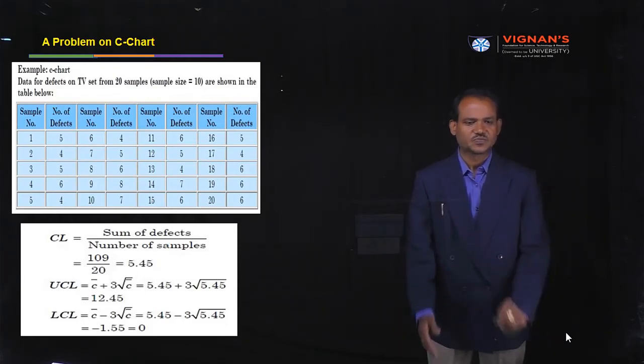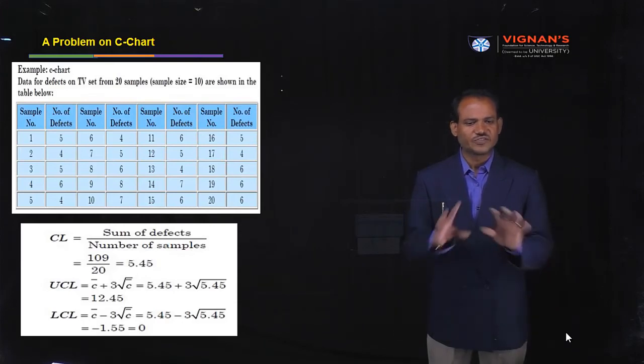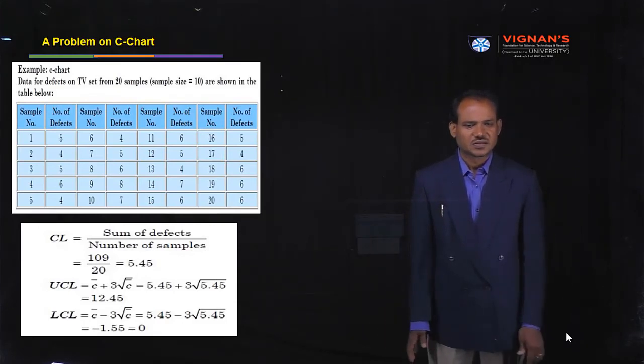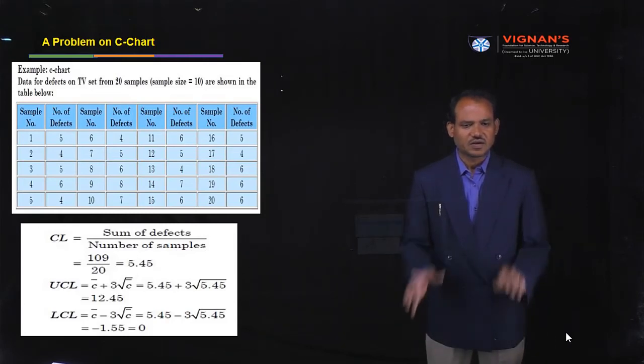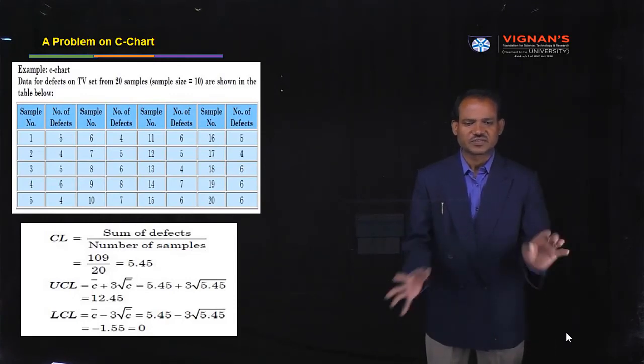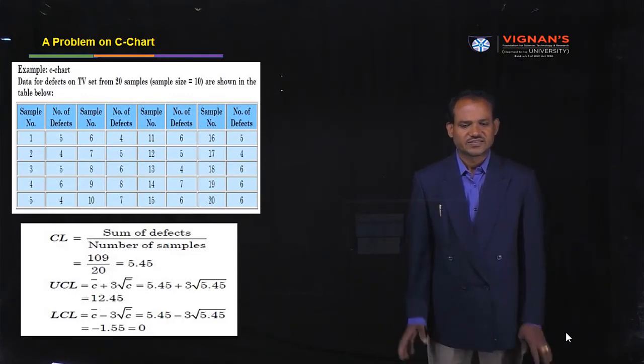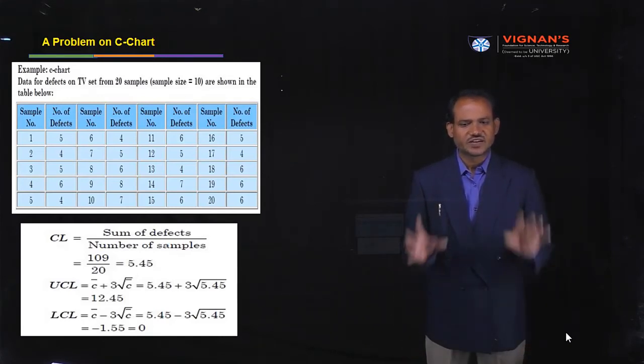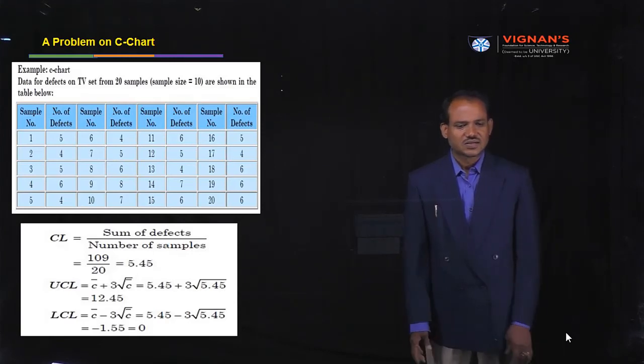Make it 0, because negative defects are not there. All our defects are 0 defects. Minimum value should be 0, not minus. There is no question of negative value. LCL is equal to 0. After knowing this information, we can easily construct C chart.